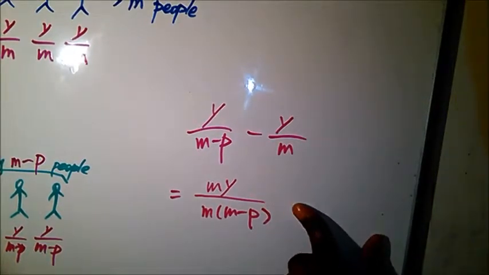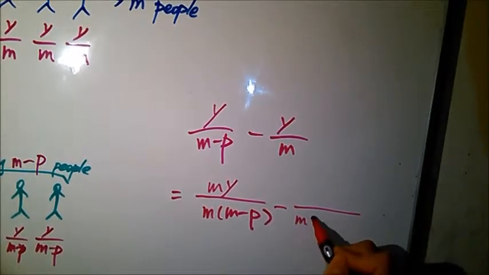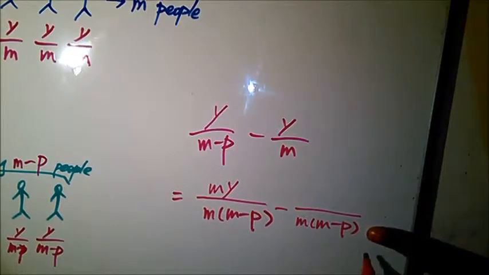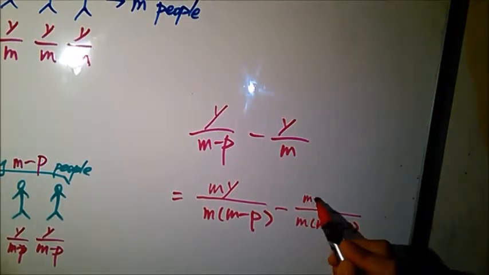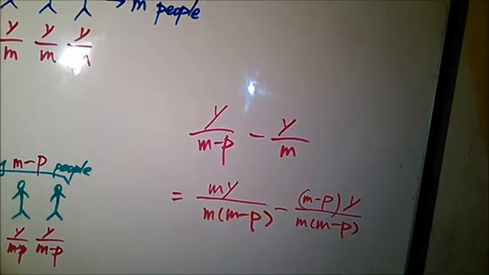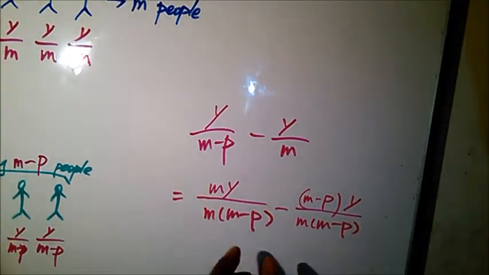Okay? Minus m times m minus p. We multiplied m times m minus p, so we're also going to put m minus p in the numerator. It will be y times m minus p.